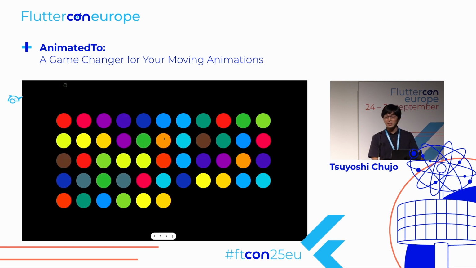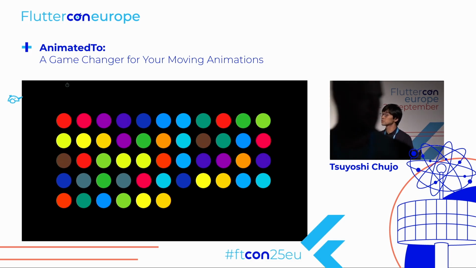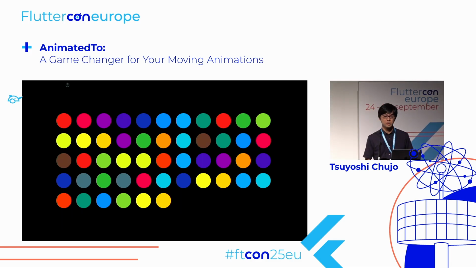It's made of Flutter's fundamental Draggable widget and DragTarget widget and the AnimatedTo widget. The implementation is very simple. We don't have to calculate the layout, or write source code for animating anything. What we have to do is just wrap the widget with the AnimatedTo widget. So it's very handy.